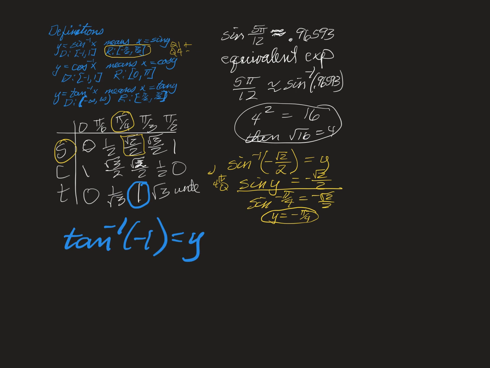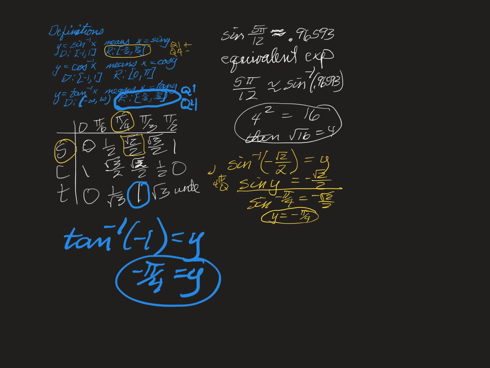And again, the domain in this case is just like sine, so it's quadrant 1 and quadrant 4. So I want the quadrant 4 angle, which is -1, that I can take the tangent of. And so that's going to be -pi/4 is equal to y. Quadrant 4 angle, and that's how it works.